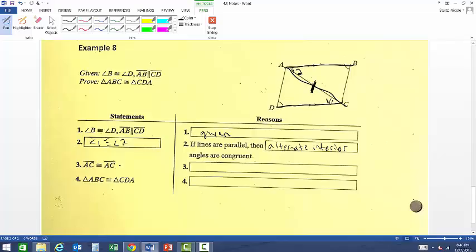They're telling us AC equals itself. That should be pretty easy. And if you look at your markings, you actually have enough info to use the angle angle side theorem. So therefore the triangles are congruent because of angle angle side.